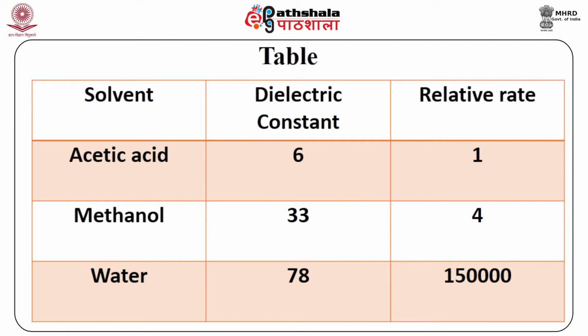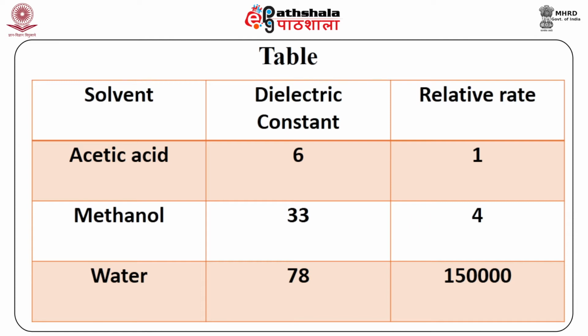A dielectric constant anywhere below 15 is usually considered non-polar, hence not suited for an SN1 reaction. Thus, the higher the dielectric constant, the more polar the substance, and hence in the case of SN1 reaction, the faster the rate of reaction due to greater stabilization of the carbocation intermediate involved.